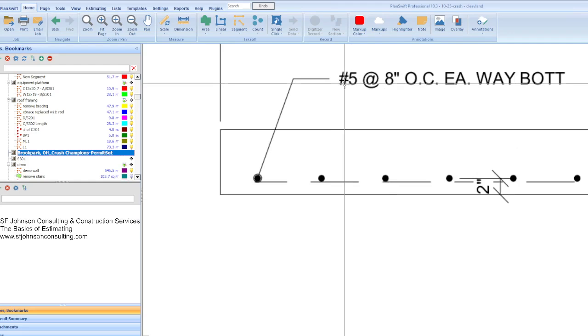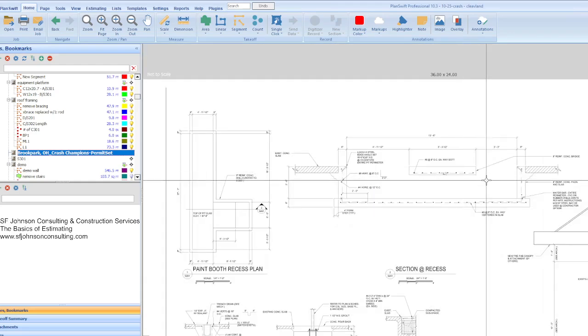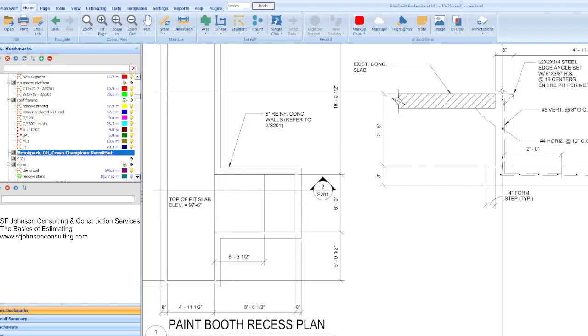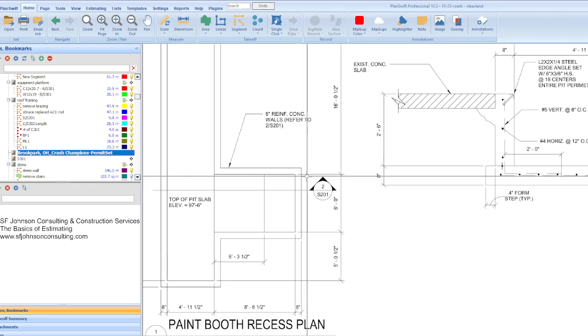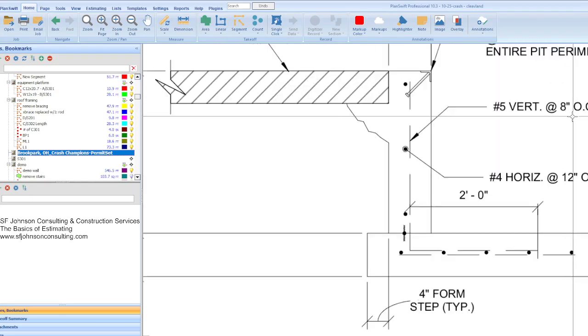We have a number 5 every 8 inches both ways. Okay, so when you have your number 5, number 4, whatever, every 12 inches, 8 inches, it's important to do the conversion. How many linear feet do you have, right? Change those linear feet to inches, divide by the placement.